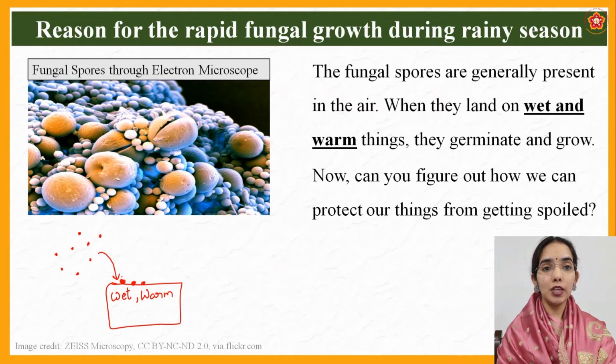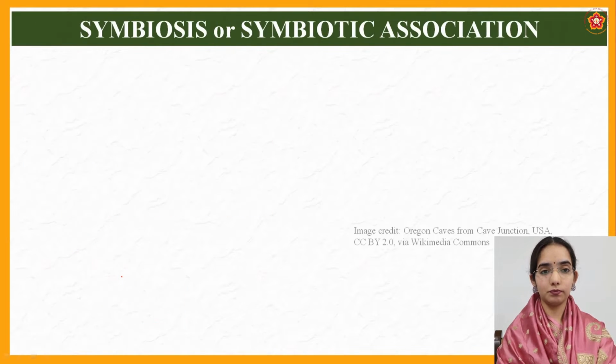Then we need to keep our leather items once in a while in the sun so that all the moisture from the leather has evaporated. We should also keep the windows of our house open occasionally, so that sunlight can come in. So by taking these few steps, we can protect our things from fungus and stop them from getting spoiled.